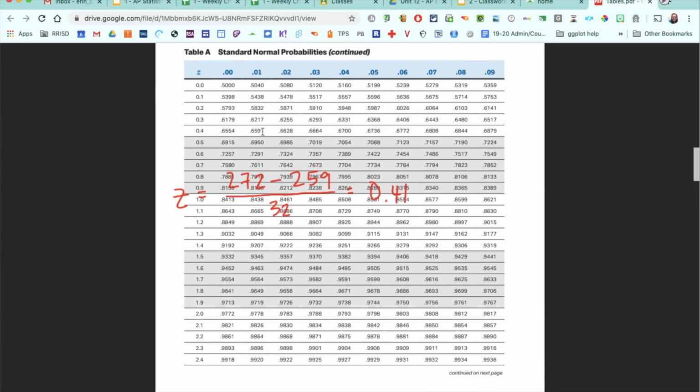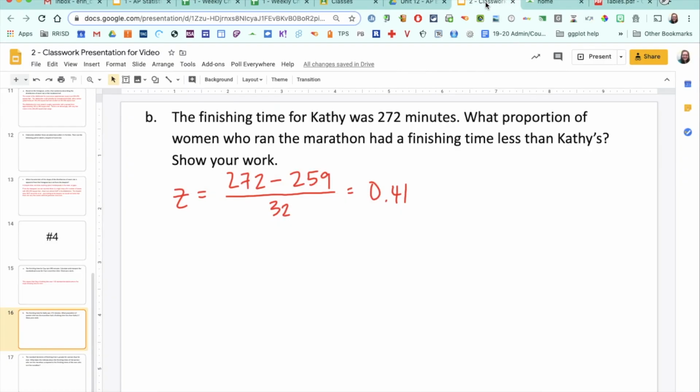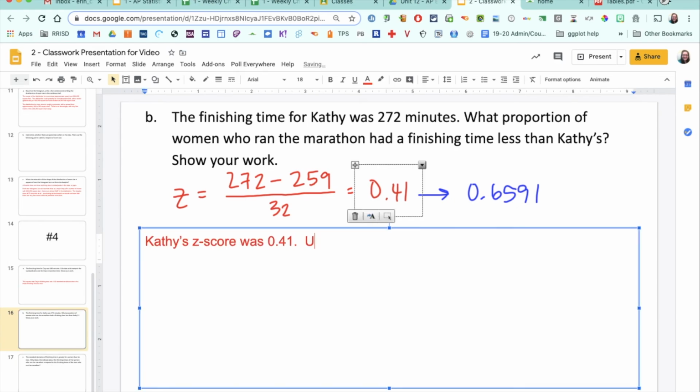So I see that proportion is 0.6591. So I'm going to write from my z-table 0.6591. And then I'm just going to write a little bit of explanation. I think on this one you could get away with just putting the number. You might want to put from z-table, but I'm going to write that out in words.